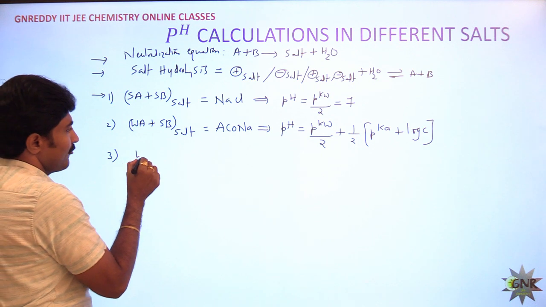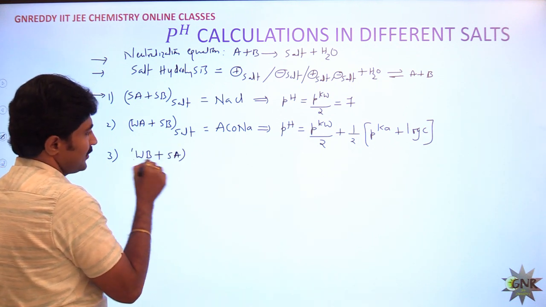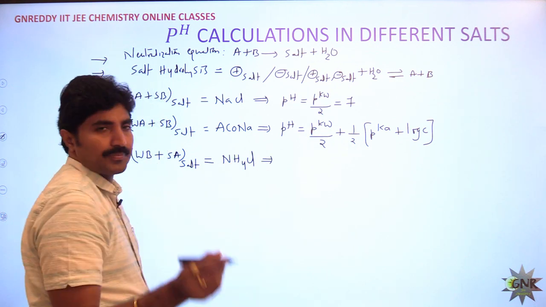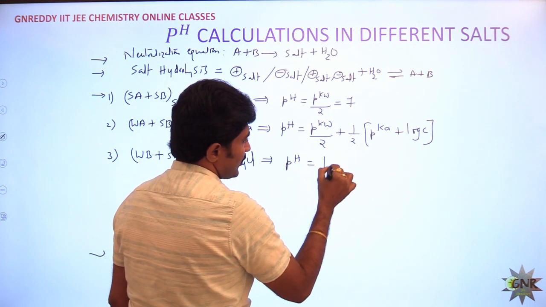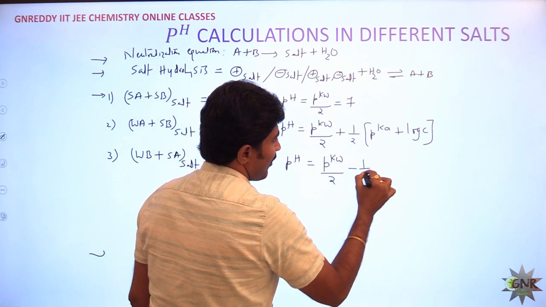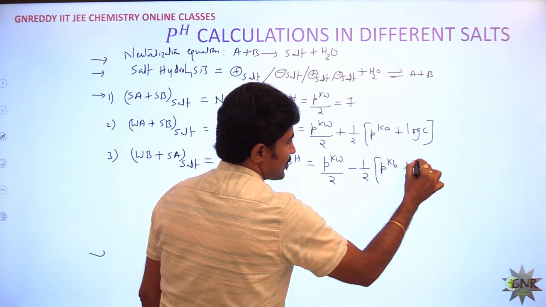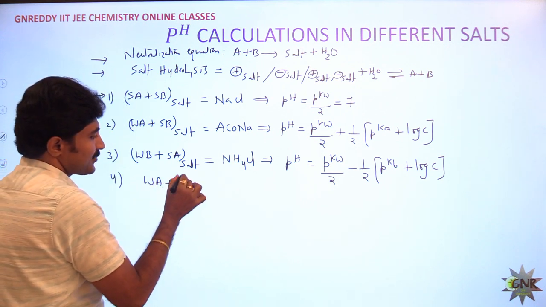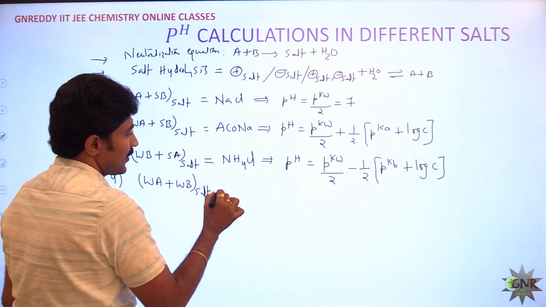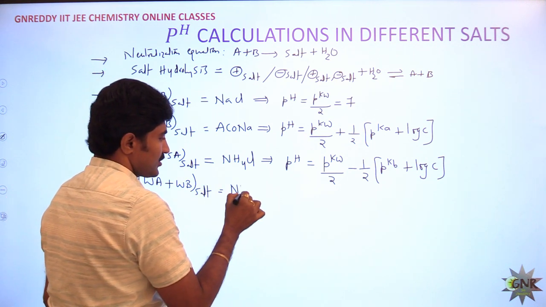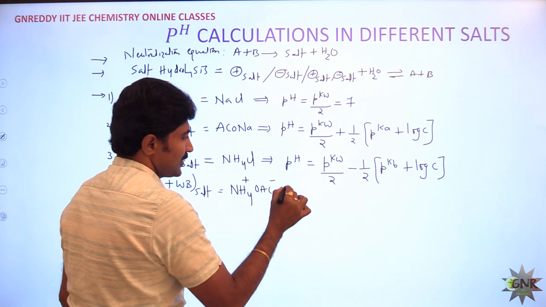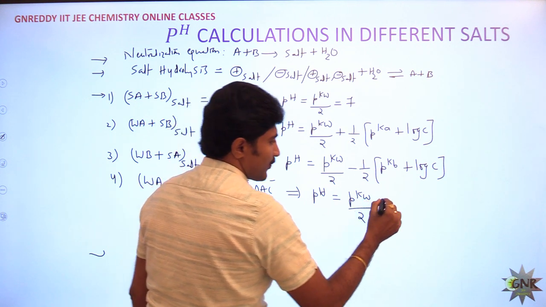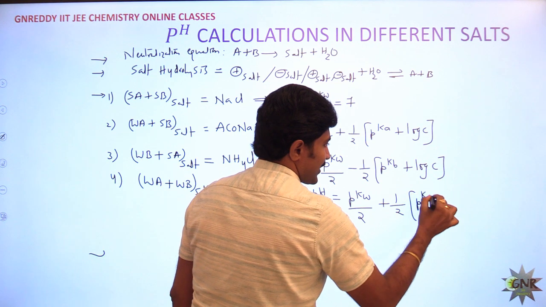And if you take the weak base and strong acid salt, that is ammonium chloride type salt, in this pH is calculated by pKw by 2 minus half into pKb plus log C. And even if you take the weak acid and weak base type salts, that is the ammonium acetate type salt, NH4 plus and OAc minus, in this pH is calculated by pKw by 2 plus half into pKa minus pKb.